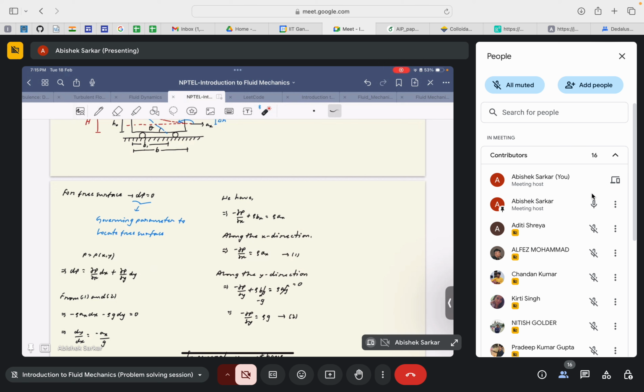Okay, I know most of you may already know this if you have taken some PDE courses or even differential equation courses, but if you do not know, you can just take it for now as a complete differential of a function. Say if f is a function of x and y, then df would be given by dou f by dou x dx plus dou f by dou y dy.